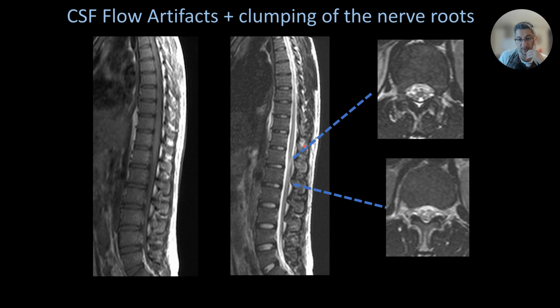So you should always assess with other sequences and more importantly on the axial images. So the level of the conus can better be seen on the axial images. And here, for example, I can see the conus terminating and no conus here. So my level is somewhere here. On the sagittal, it's not possible to determine the level of the conus.